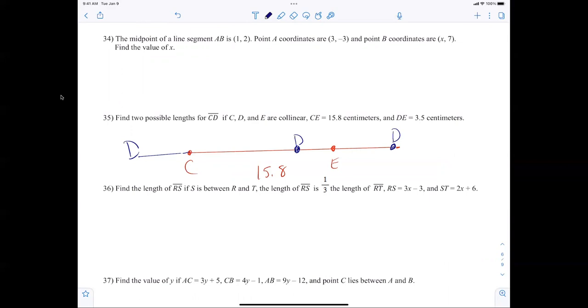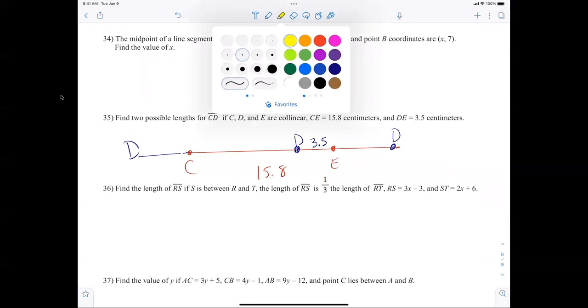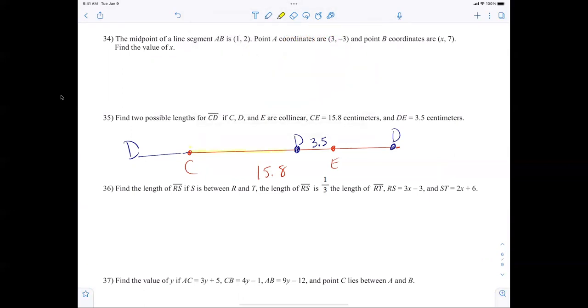So if DE is 3.5, if I put 3.5 right here, then I need you to tell me what is this now? What is CD there? Yeah, 12.3. This could be 12.3. But if I put it on the other side and called it 3.5 over here, then CD would be what?